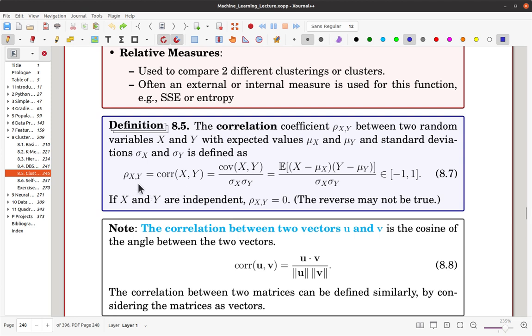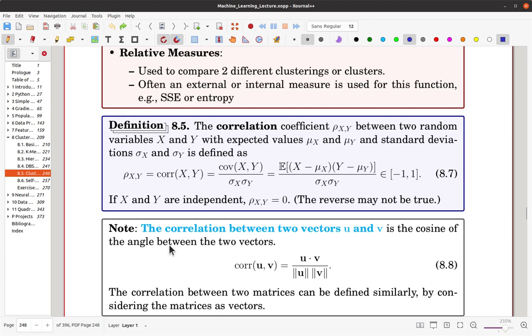Rho xy is the covariance of xy over sigma x times sigma y. The value will be between -1 and 1. Now, if x and y are independent, then the correlation coefficient must be 0, but the reverse may not be true. That is the definition of correlation between two random variables.